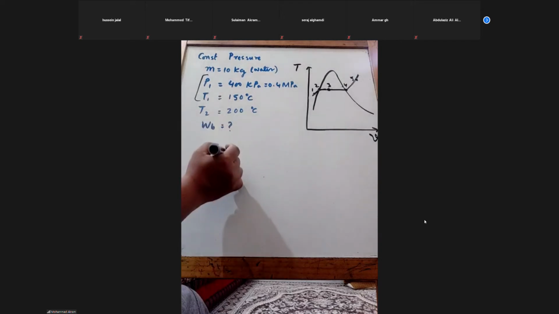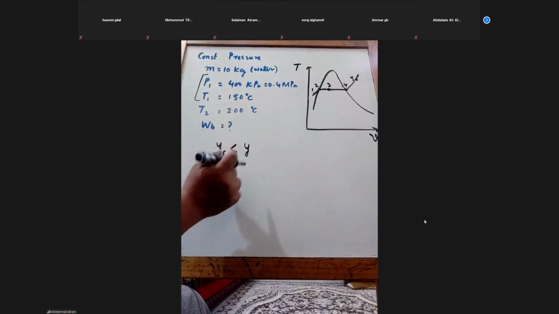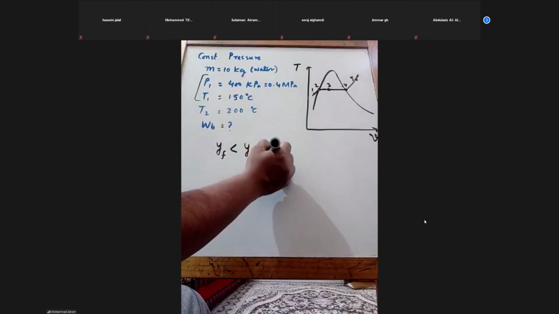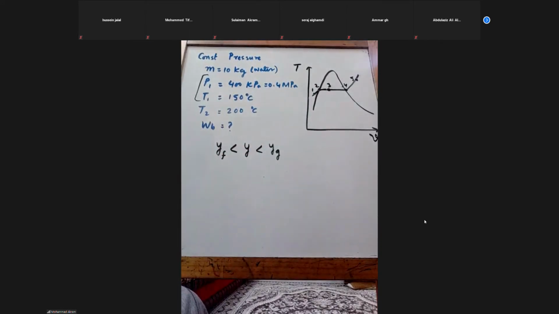For example, if specific volume is given, in general, the formula: if y is more than yf and less than yg, this will give the condition that it is liquid plus vapor, right?